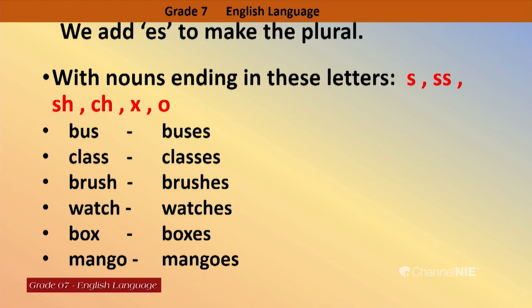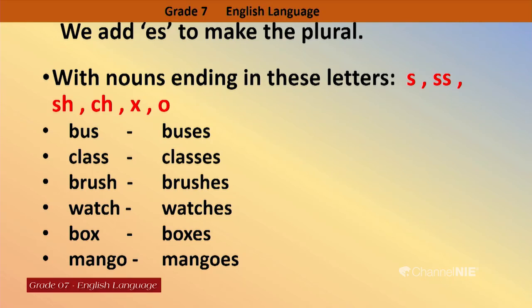If there are 2 s's at the end of the noun, add es. Class, classes. sh. Brush, brushes. When you have sh at the end of the noun, you add es.